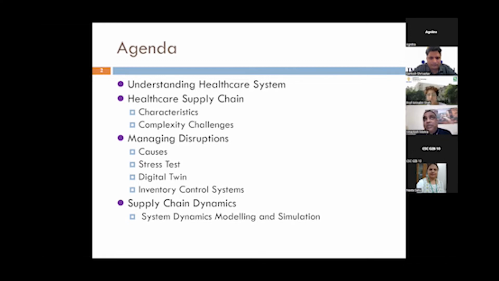These two supply chains have an inherent complexity. We will discuss what we understand by complexity, what the complexity challenges in supply chain are, how to address them, how one of the case organizations addressed that, and whether we can implement that in our organizations also.